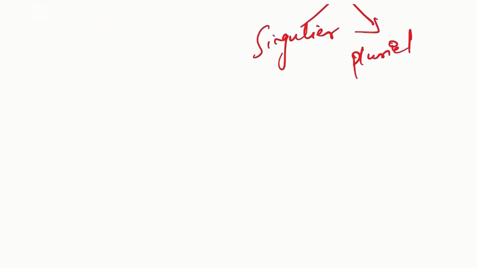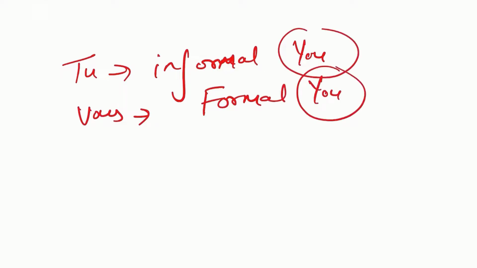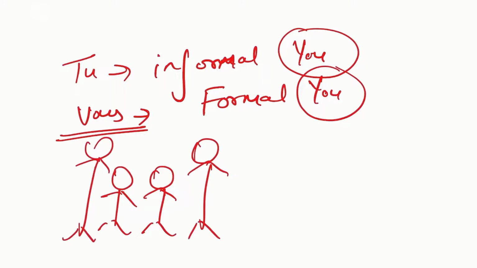Tu is an informal way to say you, and vous is a formal way to say you. And if I want to address a group of persons, whether elder or younger than me, then I will use vous.